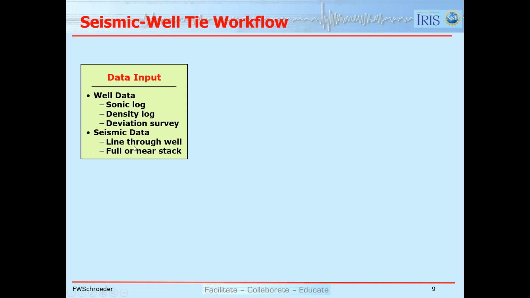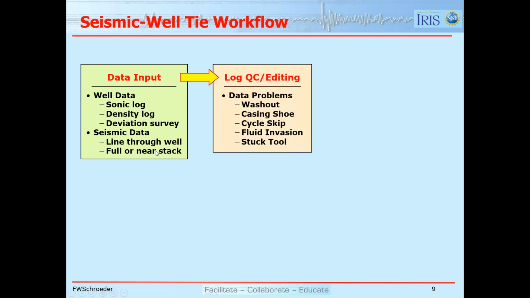With the seismic data, we would like a line through the well, if possible, or close to the well if we're dealing with a 2D data set and the well was not drilled on one of the available lines. And we could use either the full stack data or we could use a near stack, a partial stack of just low angles of incidence.